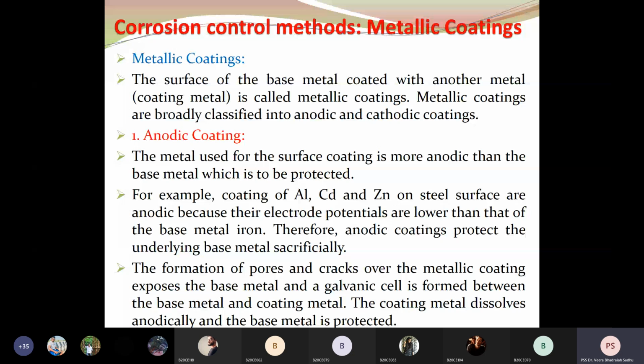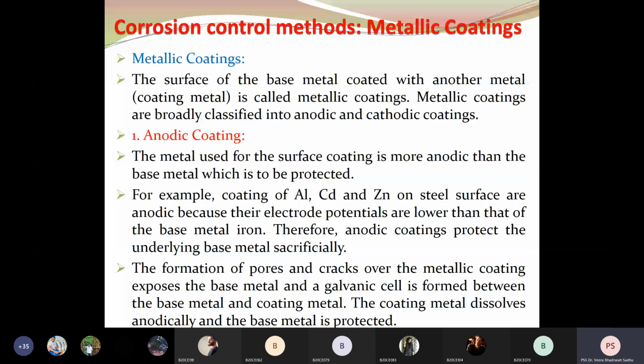The formation of pores and cracks over the metallic coating exposes the base metal, and a galvanic cell is formed between the base metal and the coating metal. The coating metal dissolves anodically and the base metal is protected.